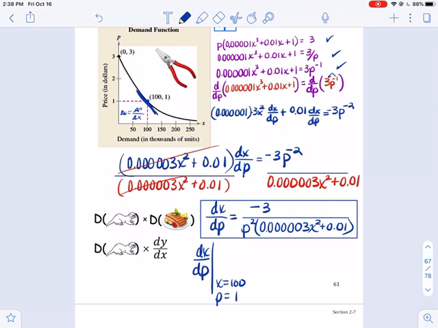So you're going to see that it will reverse itself. So we have a negative 3 over p squared, which is just 1 squared, times 0.00003 times 100 squared plus 0.01.